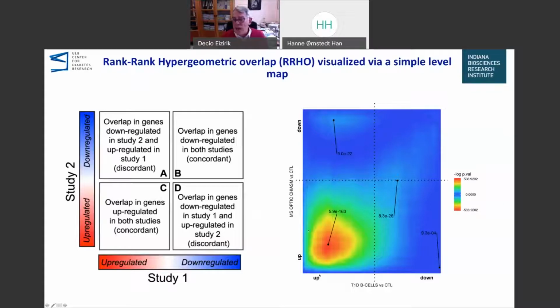And here you have genes that are upregulated in both diseases, and the intensity of the color gives an idea of the degree of significance. So there are a very large number of genes upregulated in common at an extremely high significance level, and there are very few downregulated genes in common.